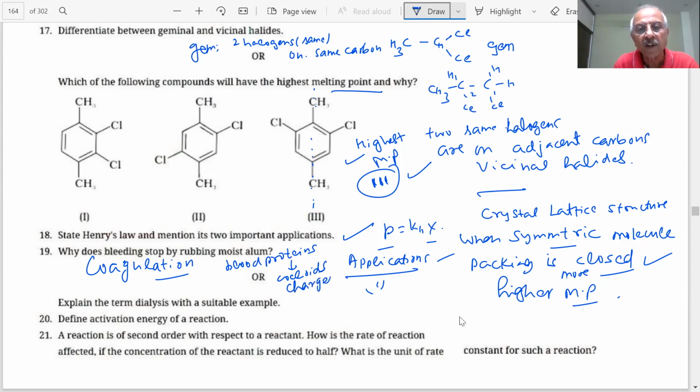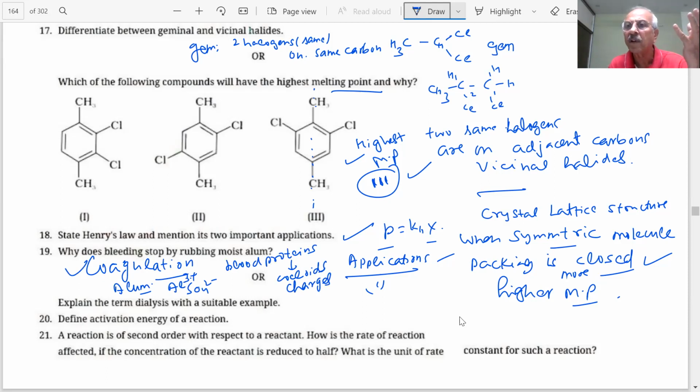They have charges. And if you add alum, what will happen? Alum contains oppositely charged ions, and they will do the coagulation. They will coagulate and the bleeding will stop.